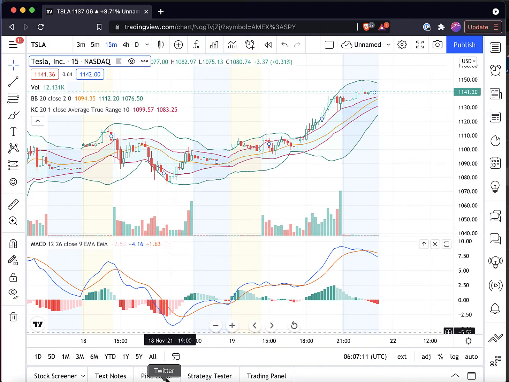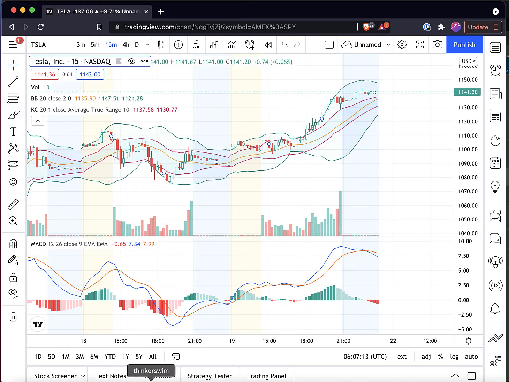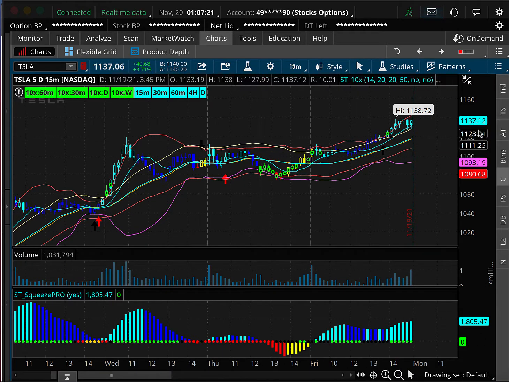Now I'm going to show you what it looks like in thinkorswim, and we have some custom indicators there that make it easier to visualize what's happening. Here's thinkorswim, and Tesla is a really nice example to demonstrate squeezes because it's such a volatile stock.